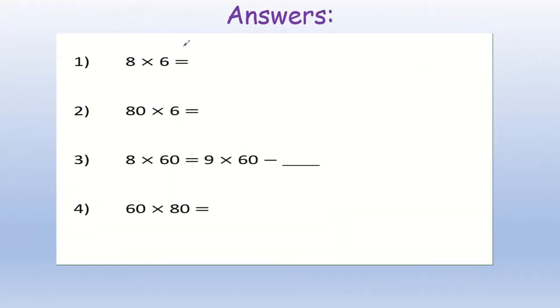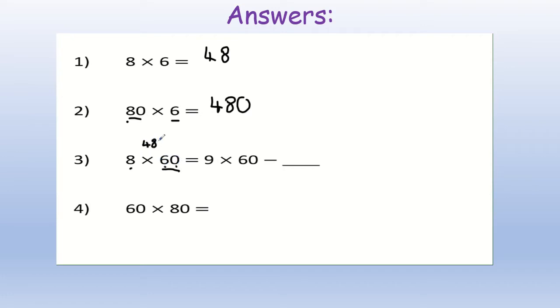So 8 times 6, you should know from all our times tables practice, is 48. So 80 times 6, we know is 8 times 6 times 10. So you should have been able to work out that makes it 480. 8 times 60, again, is 8 times 6 times 10.